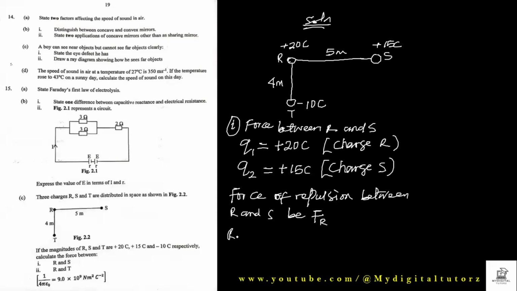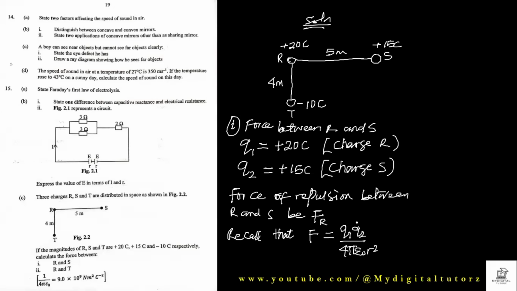So you recall this formula, recall that the force of attraction or repulsion between charges, F, is equal to Q1, Q2 all over 4 pi E naught R squared.